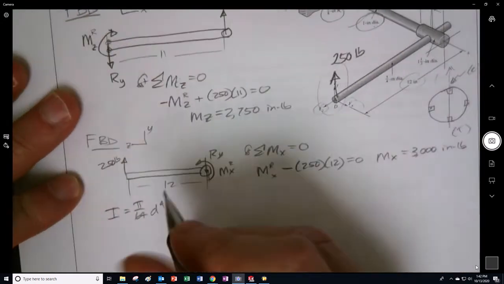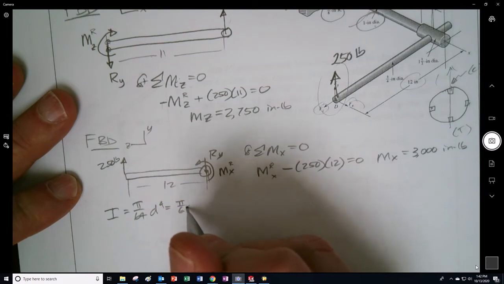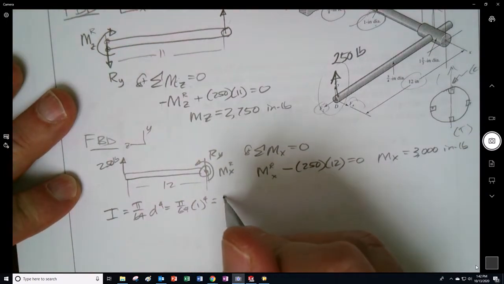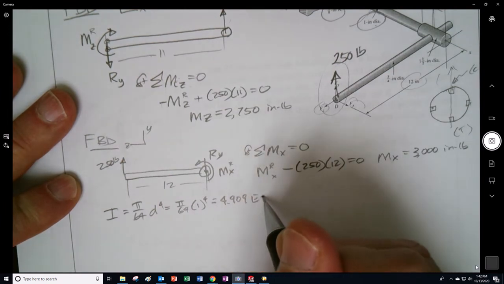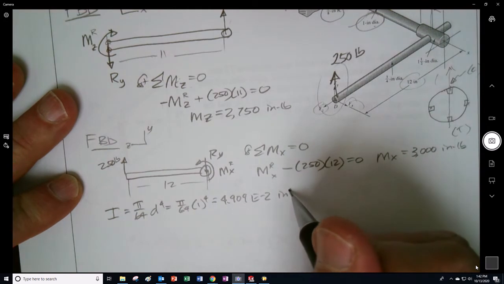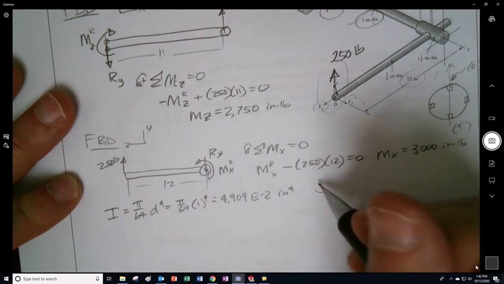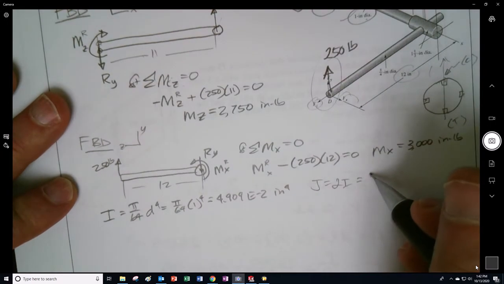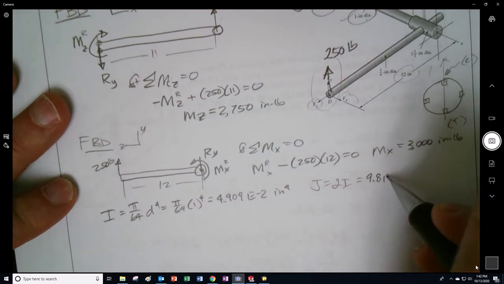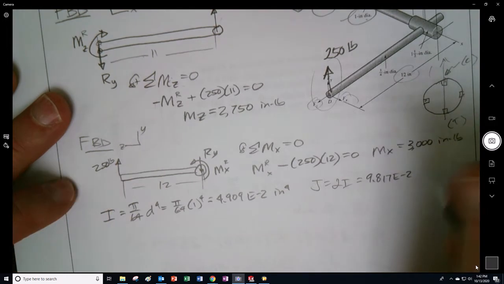So pi over 64 times 1 to the 4th ends up being 4.909 e minus 2. We end up with that number a lot, don't we? And then J is just going to be 2 times I, which ends up being 9.817 e minus 2 inches to the fourth.